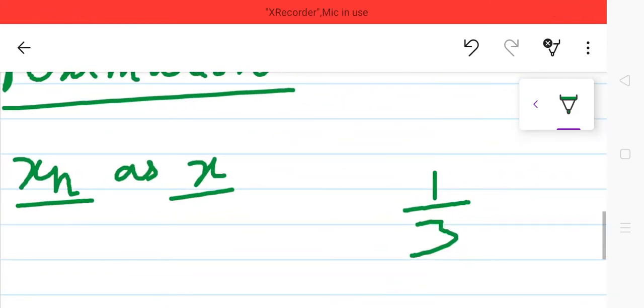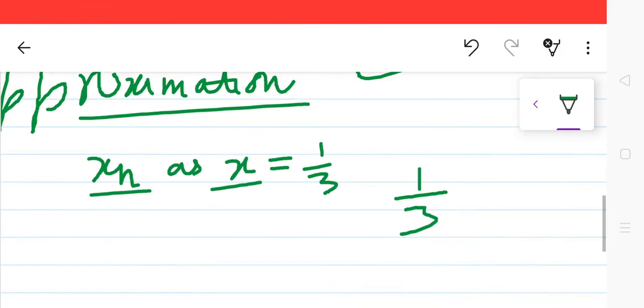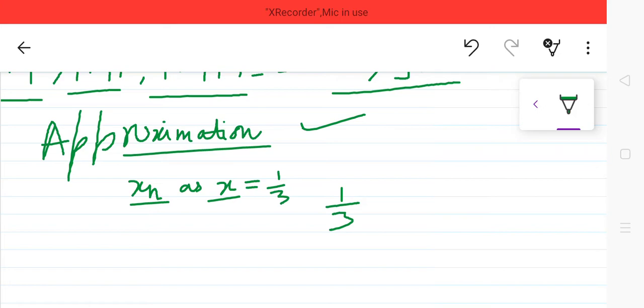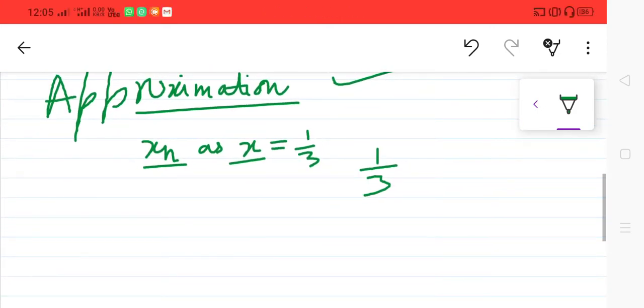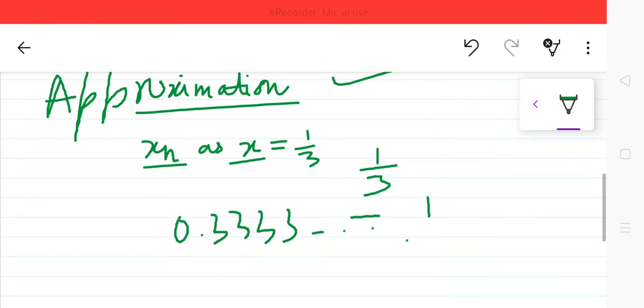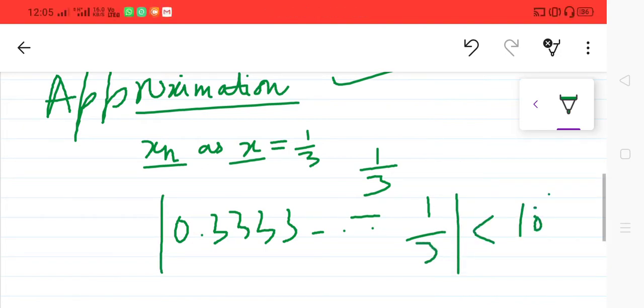If you take x equal to 1 by 3 and say that I want a 10 to the power minus 3 difference between the term and 1 by 3, you can take 0.333, so that modulus of this minus 1 by 3 is less than 10 to the power minus 3.